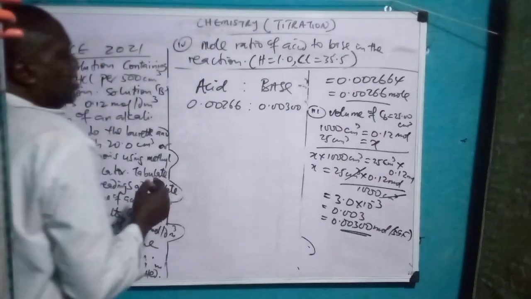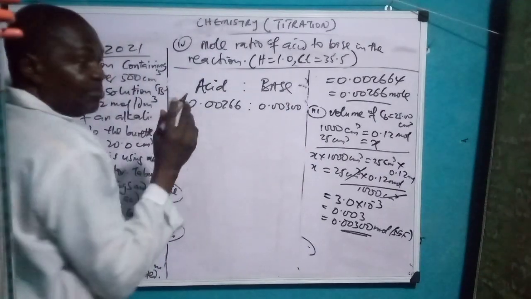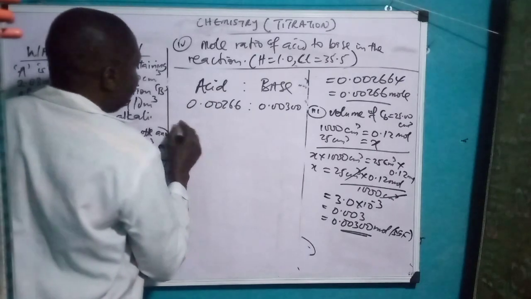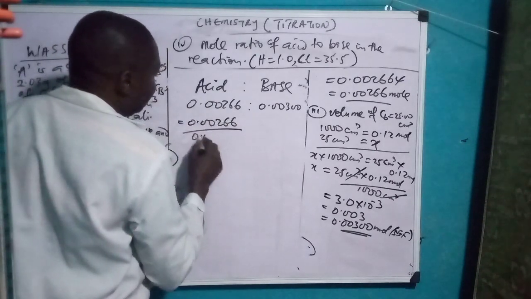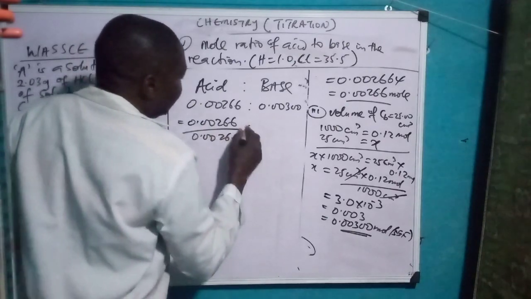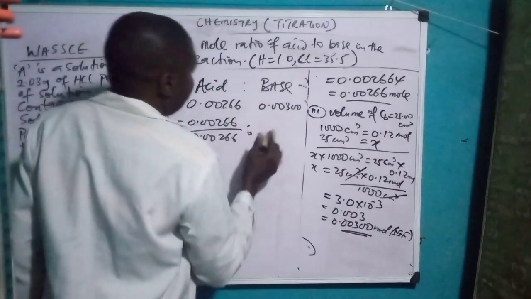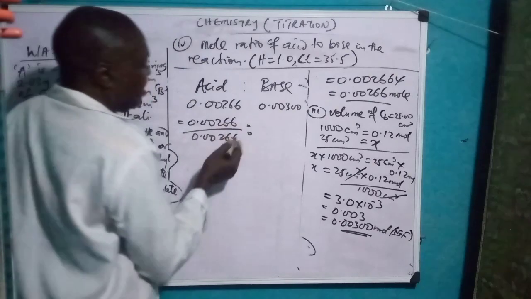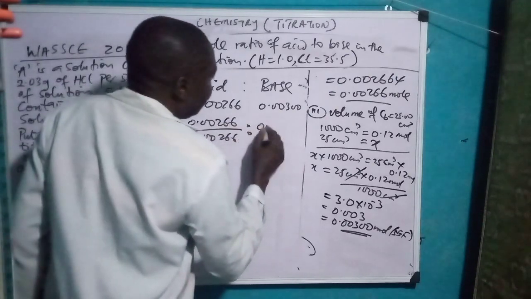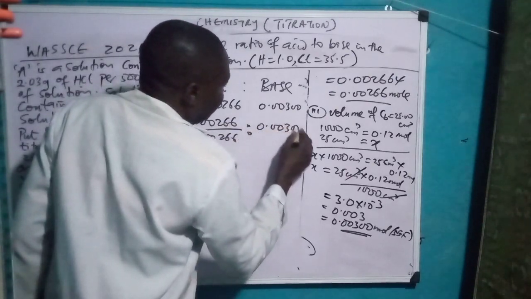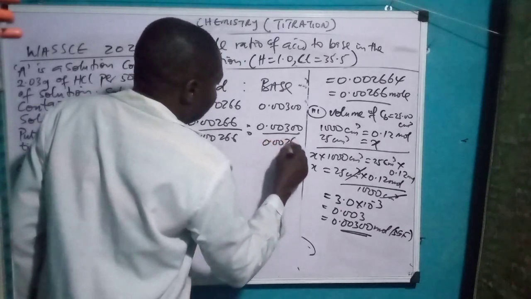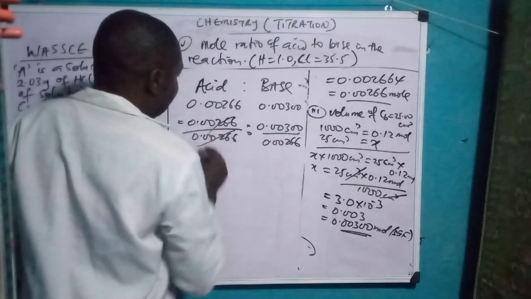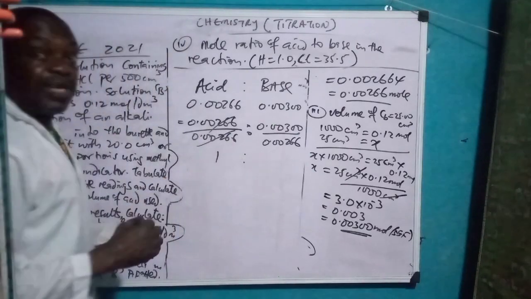To find the mole ratio, divide by the smallest, based on the empirical formula method. Now it becomes 0.00300 over 0.00266. When you divide by the smallest, you can have a ratio. 0.00266 over 0.00266 automatically gives us one ratio. Let's see what the other one will give us.